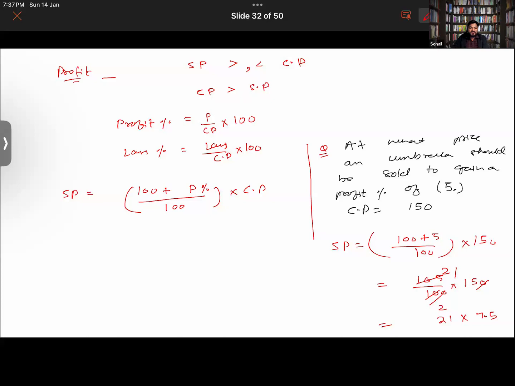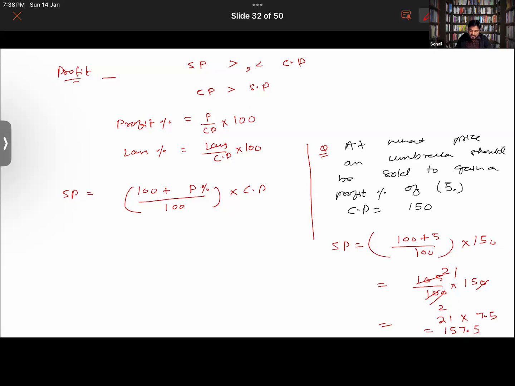Do the maths. At what price it will be sold? We have done the calculation. You will find it approximately around 156. To be specific, 157.5 आना चाहिए. Okay ना? So obviously you are making a profit of rupees 7.5 here. So selling price 157.5 होना चाहिए.